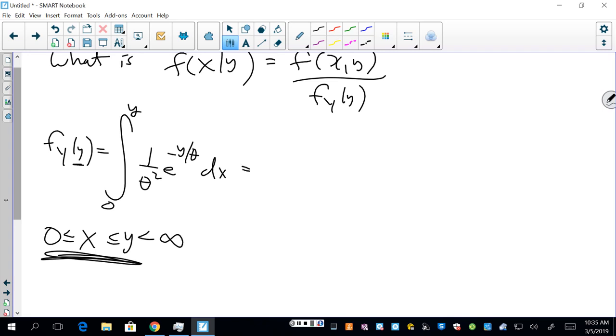Okay. So what does this end up being as an integral? There's the 1 over theta squared, and this is e to the negative y over theta. And then x goes from 0 up to y.